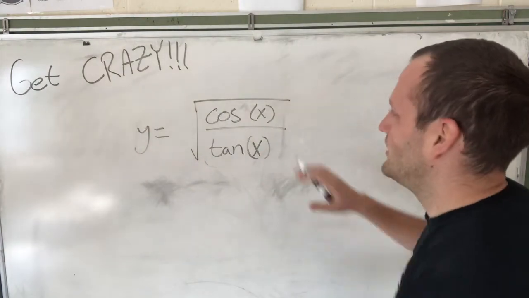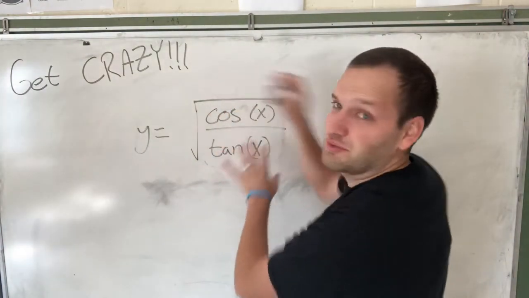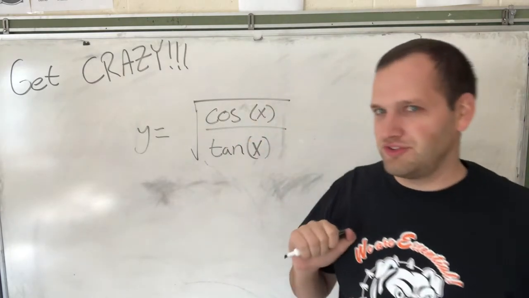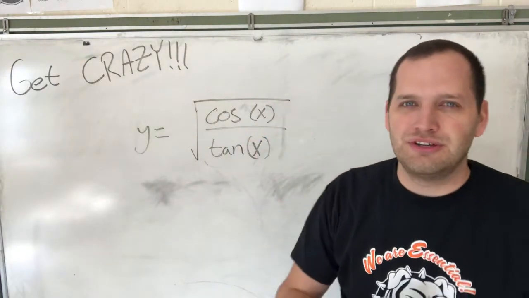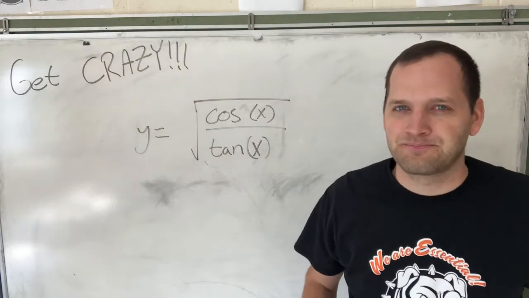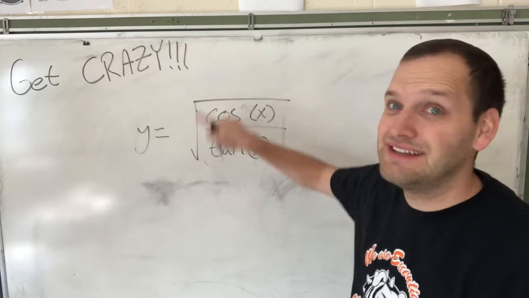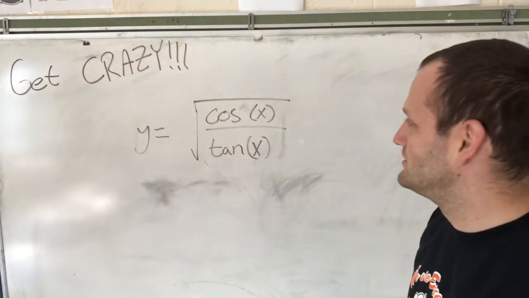It looks like we have a function inside of a square root. Then we have something inside that's being divided. So are we going to use the quotient rule first, or are we going to use the chain rule first? We're going to use the chain rule first, okay? Because it's basically a function nested inside the square root.